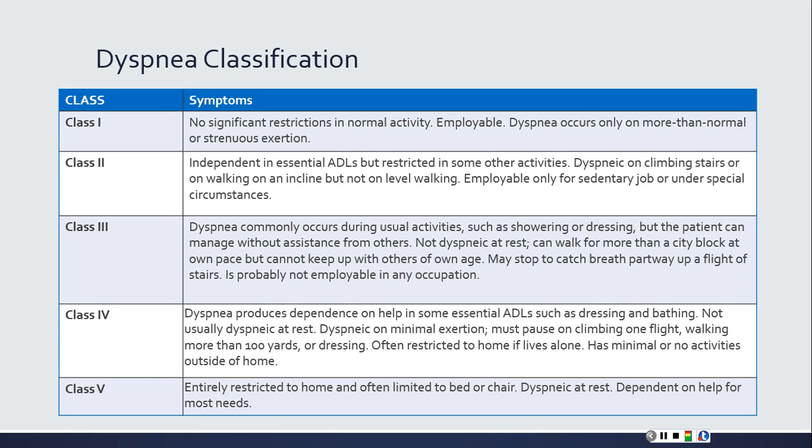They're often restricted to home if the patient lives alone and has minimal or no activities outside of the home. Okay, significant psychological impacts here. And then class 5, they're entirely restricted to home, often limited to a bed or chair, dyspneic at rest, and dependent on help for most needs. It's a huge debilitating manifestation of respiratory issues.